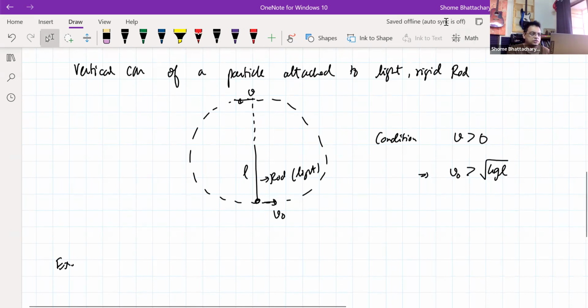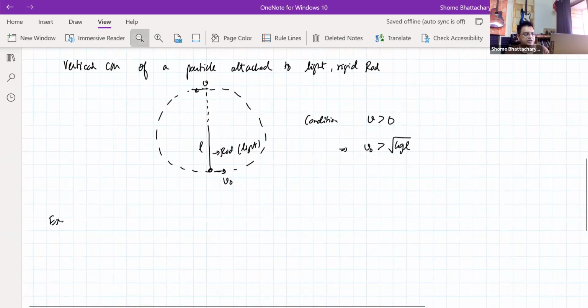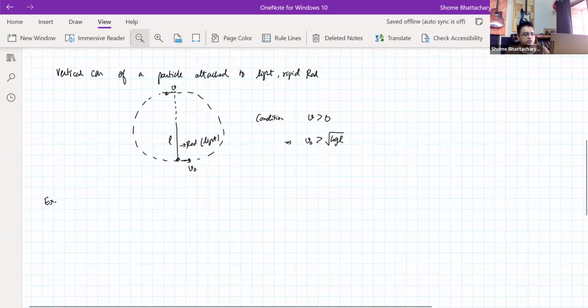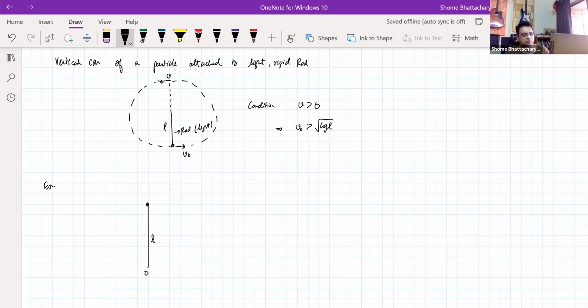So in the next example, a particle is attached to a light rod. The rod is taken to the vertical position with the particle on top, and the particle is given a horizontal velocity u at the top.